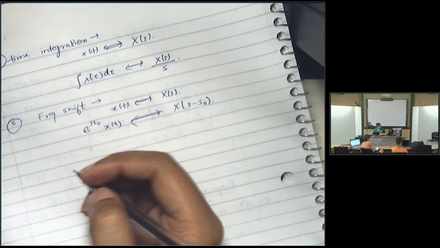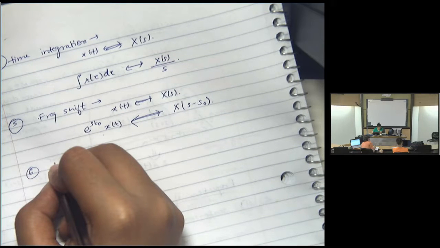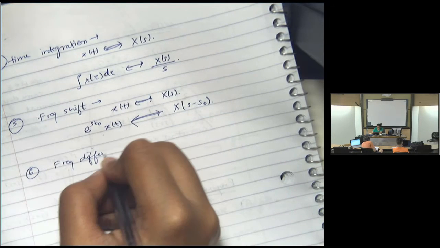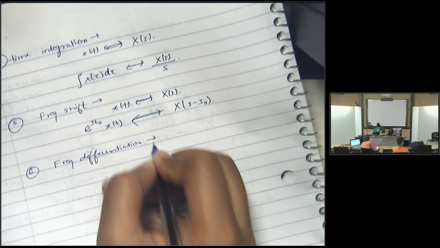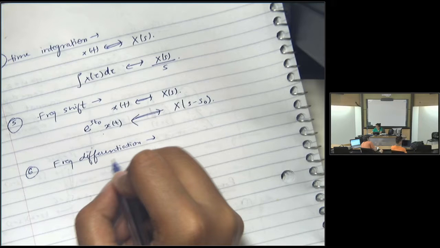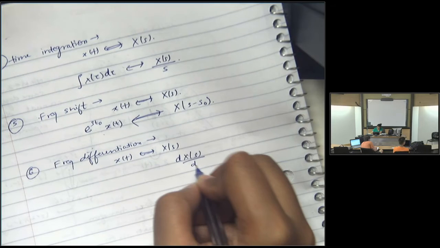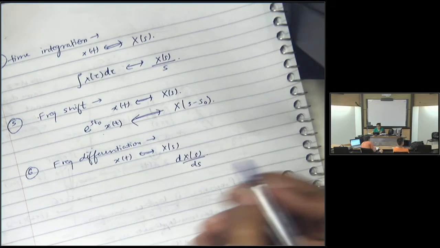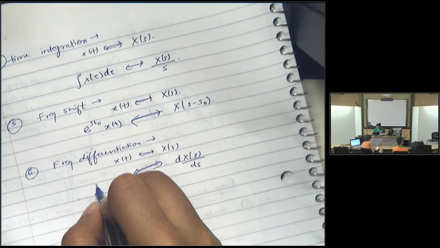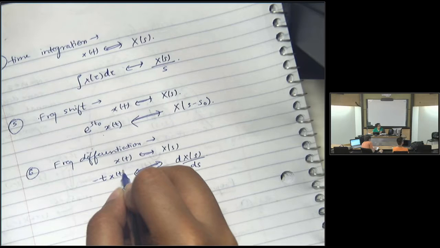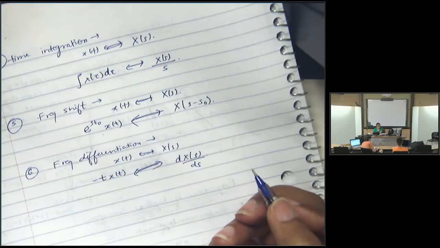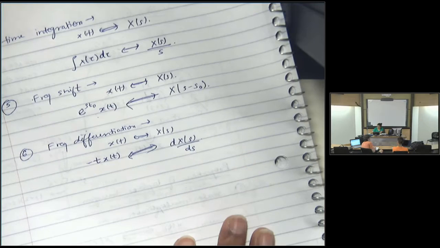Next property is frequency differentiation, wherein x of t has Laplace transform x of s, and you take the derivative of x of s with respect to s. This will have an inverse Laplace transform of minus t x of t.